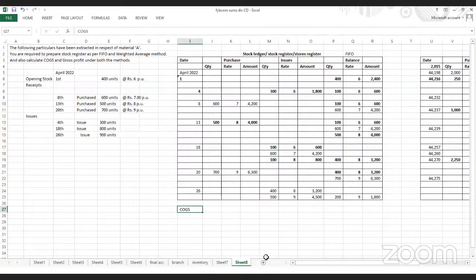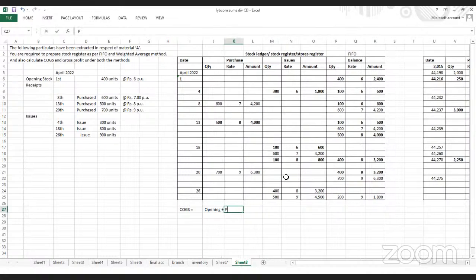Formula for COGS is opening stock plus purchases minus closing stock.